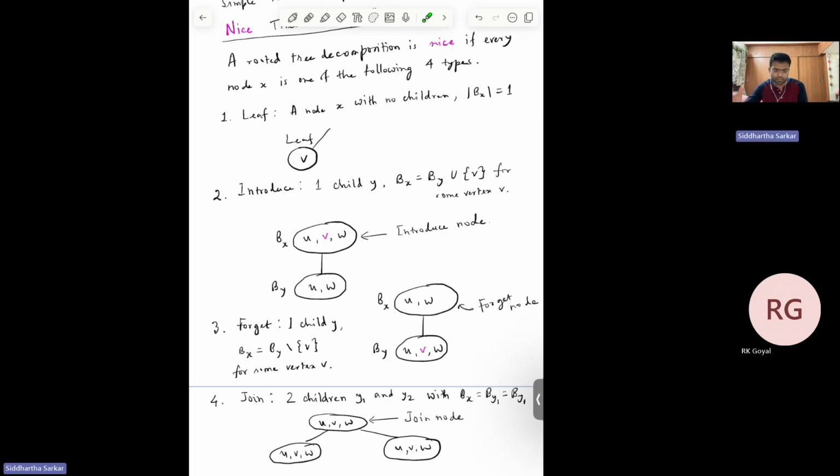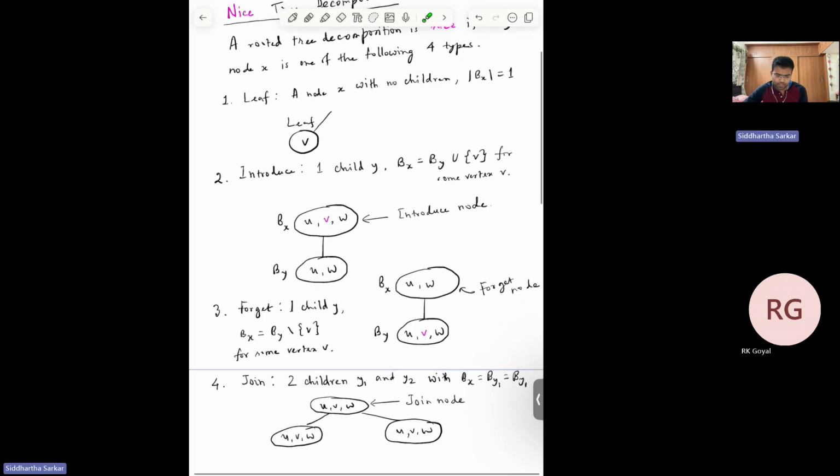But the question is, first, why are we interested in a nice tree decomposition? The answer is it helps us design dynamic programming algorithms in a structured fashion. And second, given any tree decomposition, is it always possible to obtain a nice tree decomposition out of it?